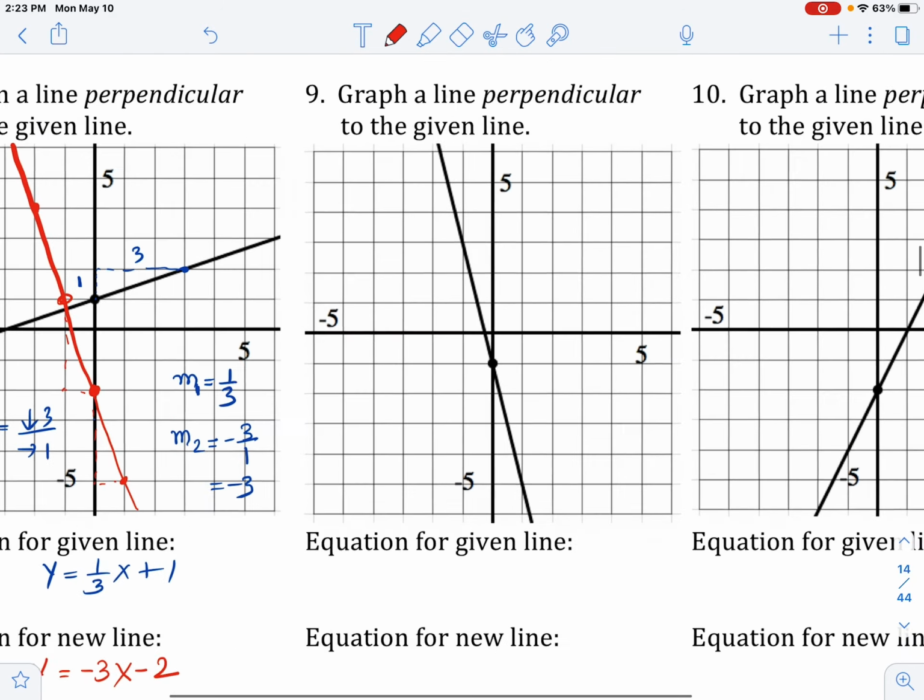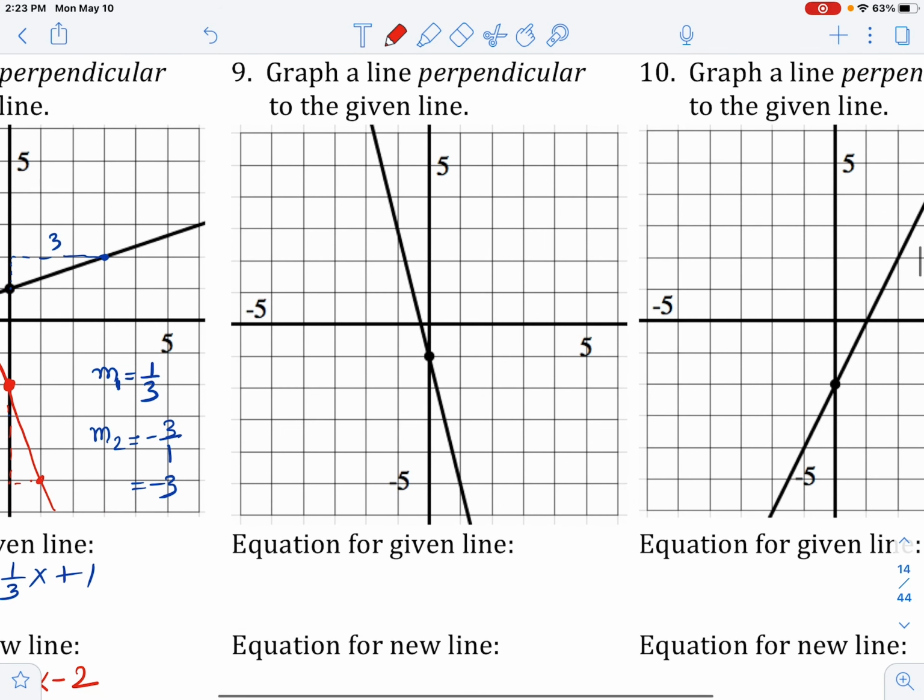If I have to do this one, I have to write the equation for this one. Equation for the given line, the y-intercept is negative 1. And how is that going down? That's going down by 4 and run by 1. So y equal to, m1 in this case is negative 4 over 1, means negative 4. Negative 4x minus 1.